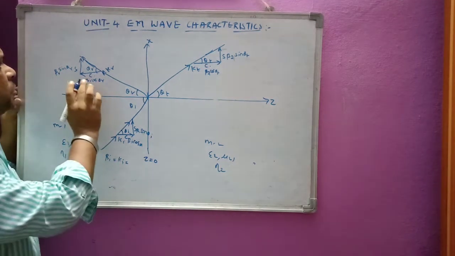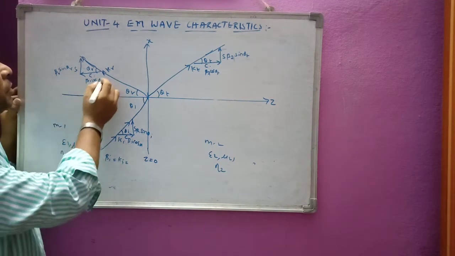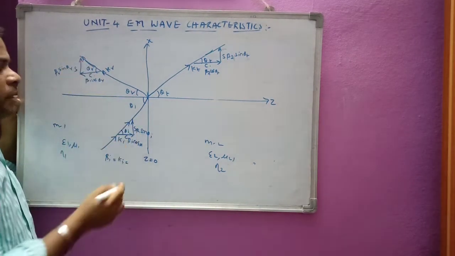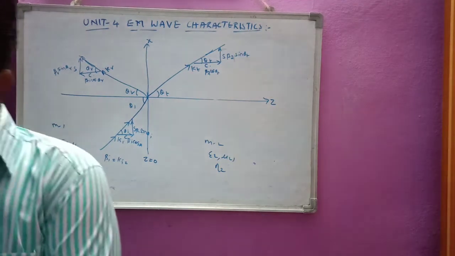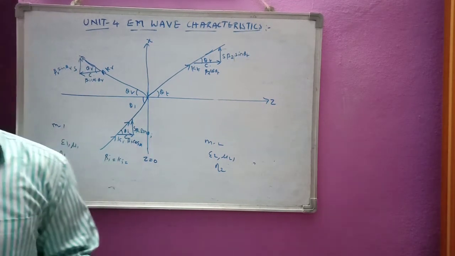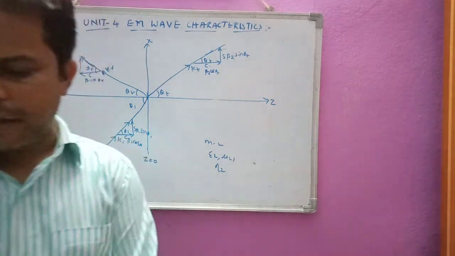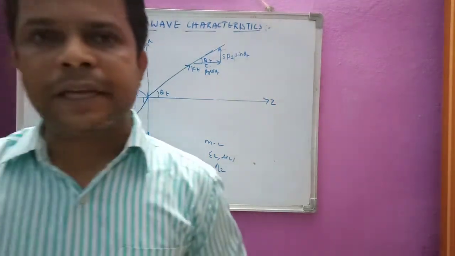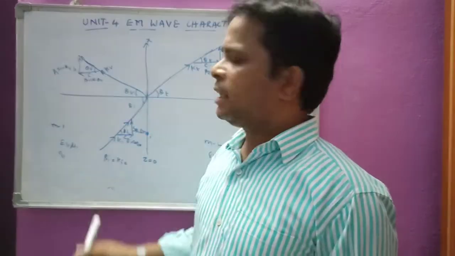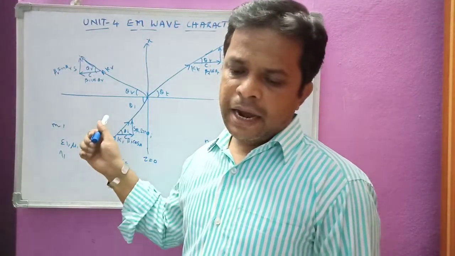Instead of kr2 I can write here kr. Kr is nothing but the reflected wave propagation direction. Okay, now the plane wave is defined by the propagation vector k here. So here we are going to define the direction of this wave in the direction of r, that is k.